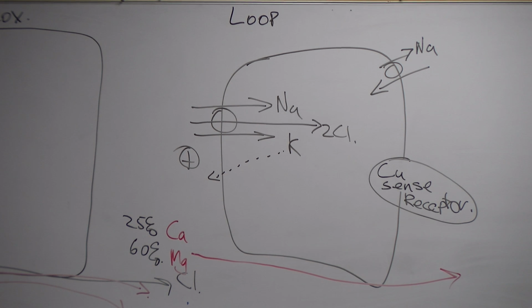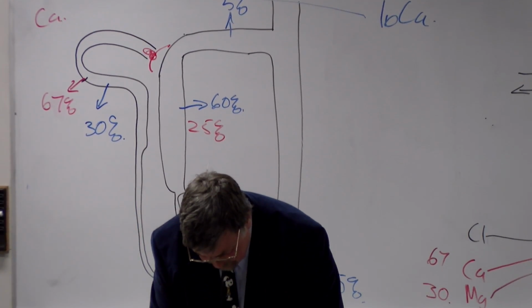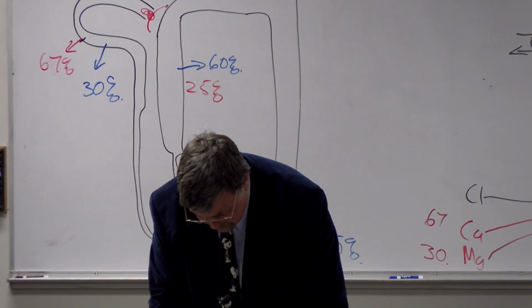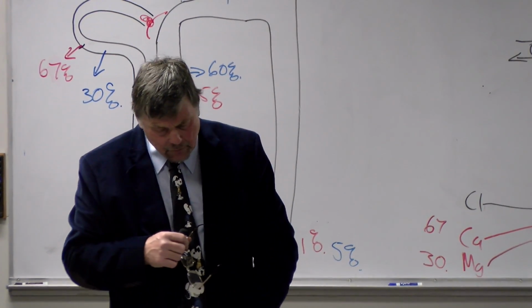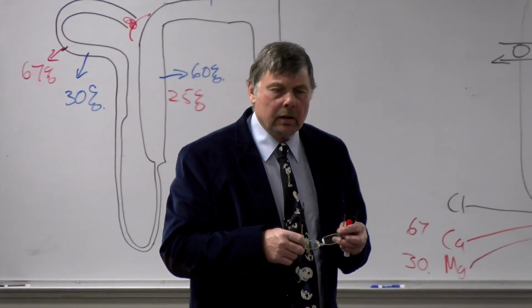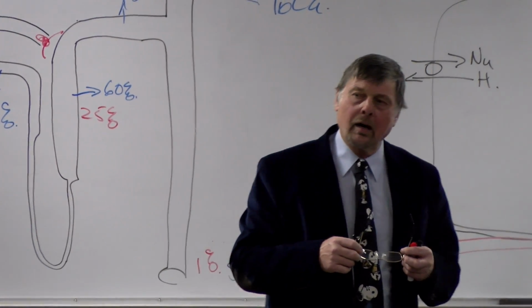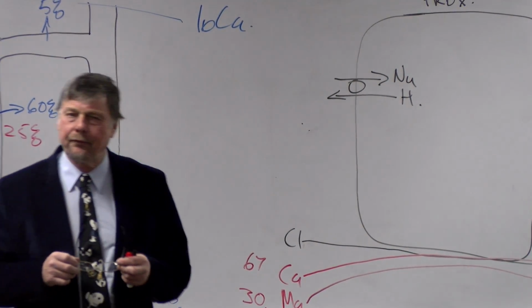See if there's anything I've missed out. Oh. So, I've got a note right at the bottom of the page. If you've got hypercalcemia, what would happen if you would give furosemide?